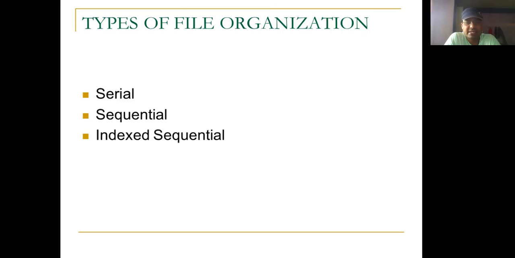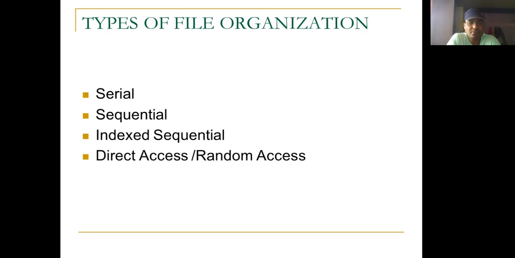In that, all the records provide one key index, and by using this index we can access these records. And fourth one is direct access, also called random access file organization.